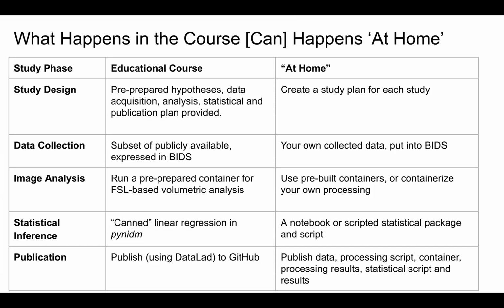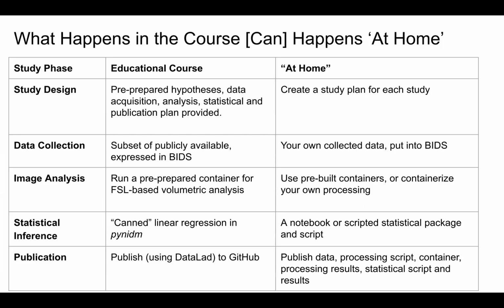For statistical inference, we'll be using a canned linear regression using Py90M. At home, make sure you design scripted statistical packages or notebooks that can be shared with the data and connected to the data that you analyze. And finally, for publication, we'll be publishing our text, our documents, our data, our results, our processing using DataLad to GitHub.